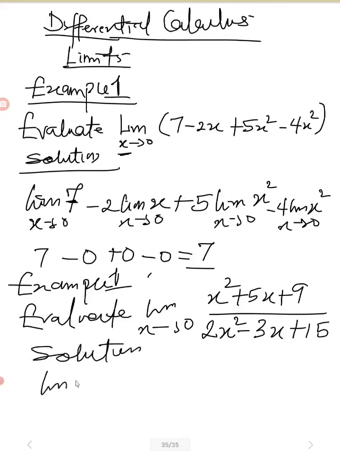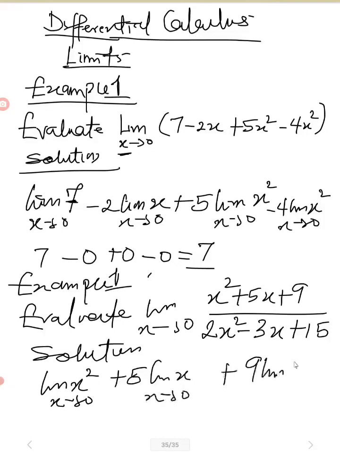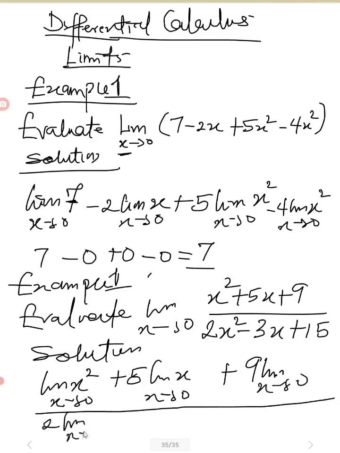You say limit of x squared as x tends to 0, plus 5 times the limit of x as x tends to 0, plus the limit of 9. The same thing is applicable to the denominator: 2 times the limit of x squared as x tends to 0, minus 3 times the limit of x as x tends to 0, plus the limit of 15 as x tends to 0. So you do it one by one.